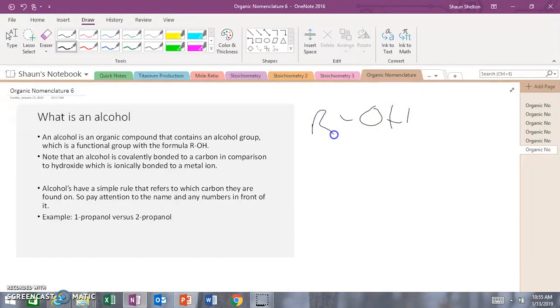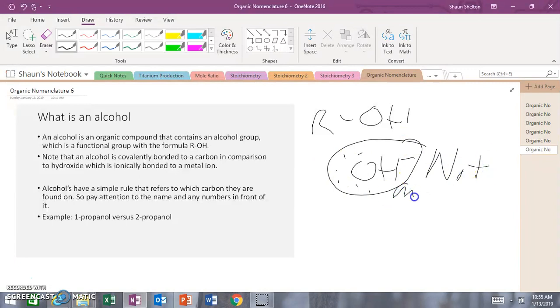Now we can't get confused with the difference between an OH being an alcohol versus the hydroxide, which we saw in ionic compounds. This here is not an alcohol.